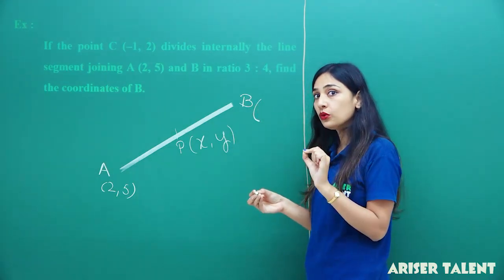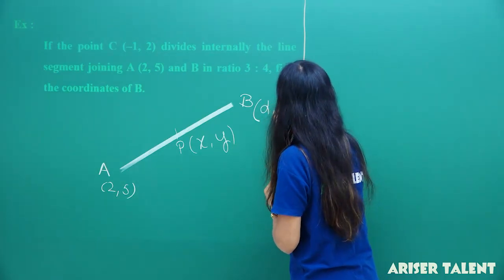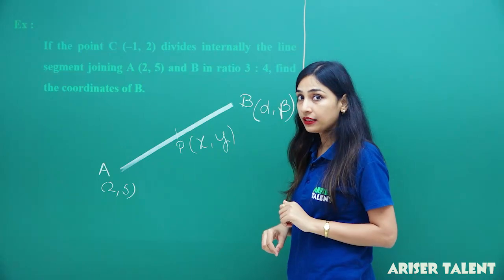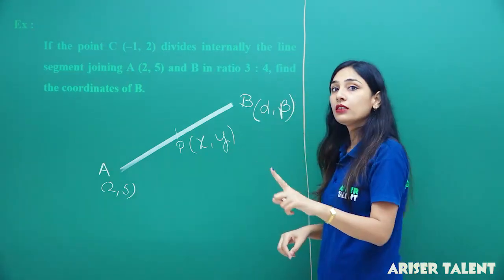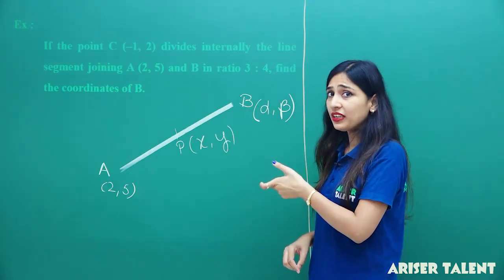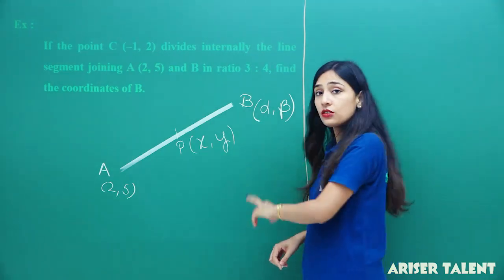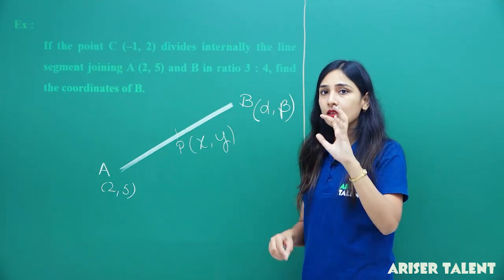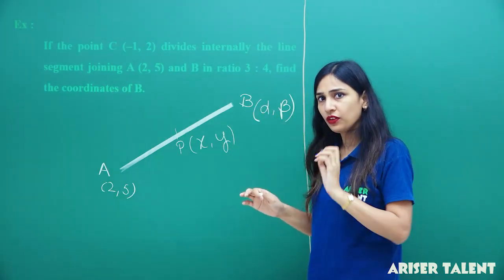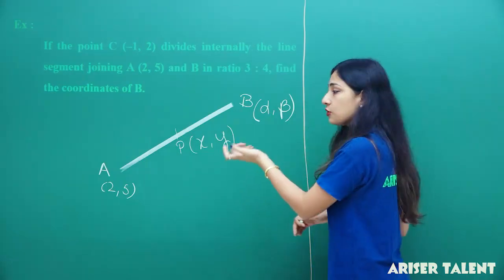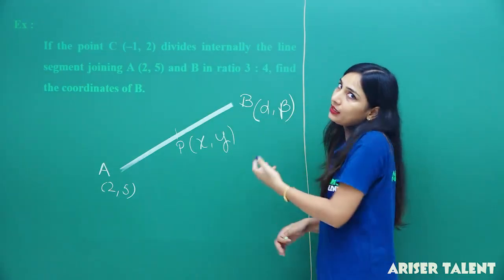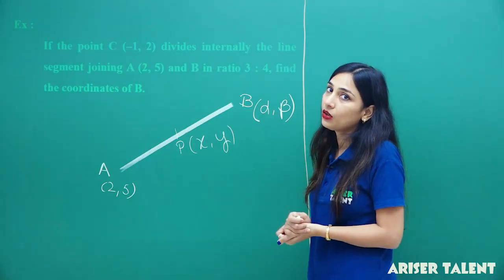So we'll assume alpha and beta as the unknowns in this question. You can solve this question by assuming X and Y; it's only an assumption.